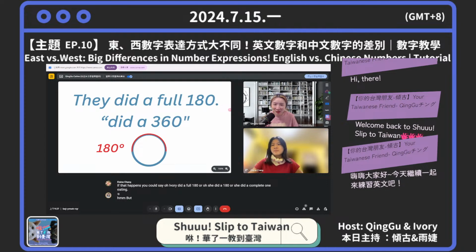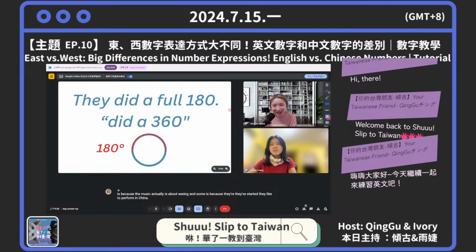But actually, 五月天, they do make some Taiwanese feel like, oh, they did a full 180. Yeah, 180. Some of it isn't because of the music, it's because they like to perform in China and they say something quite sensitive. Oh, really?